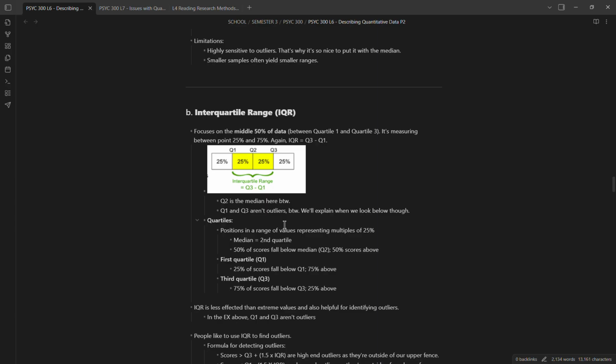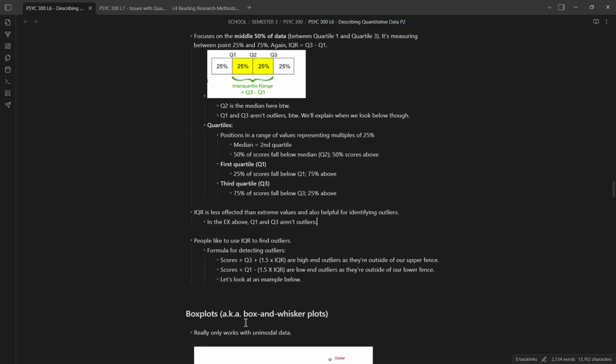For the third quartile, 75% of scores fall below and 25% are above, because it's sitting at 75%. IQR is less affected by extreme values, and is also helpful for identifying outliers. It's important to note that Q1 and Q3 are not outliers. What extends beyond them technically are the outliers, and we'll look at that.